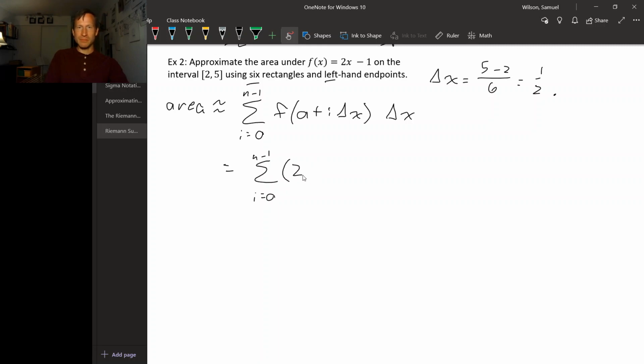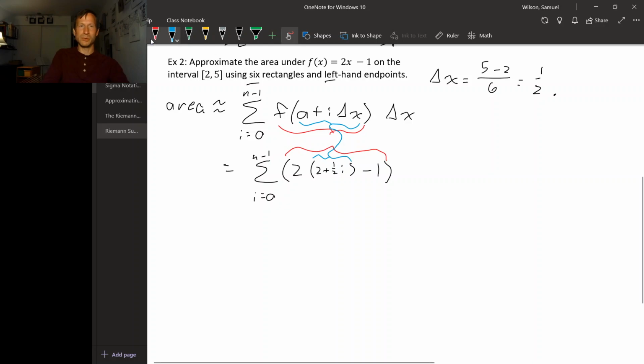So we're going to multiply by 2 and subtract 1, and then a plus i delta x, a is 2, so 2 plus 1/2 i. This whole portion right here is f of all that stuff, and this a plus i delta x is just this part here in blue. Then times delta x, so times 1/2 all the way on the outside.